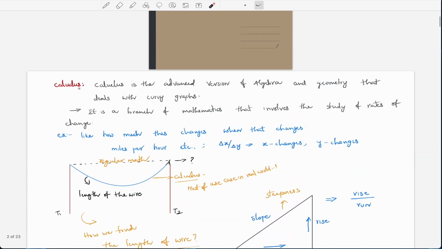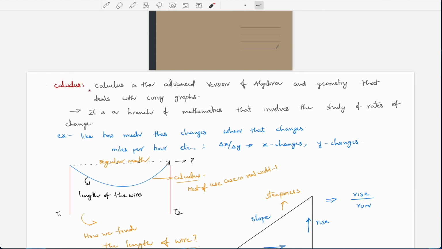So what is calculus? It's a branch of mathematics that deals with the rate of change, meaning how much this changes when that changes. How much x changes when y changes, how much a changes when b changes, and so on. Say I have 1 liter of petrol, and it will take me 50 kilometers.